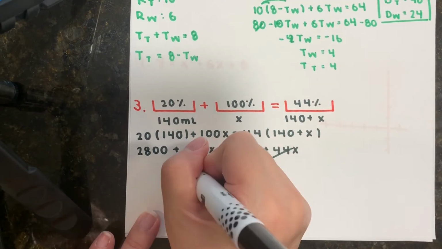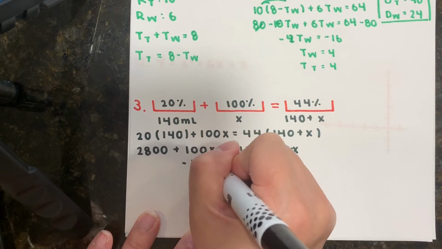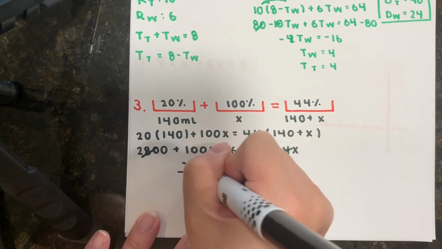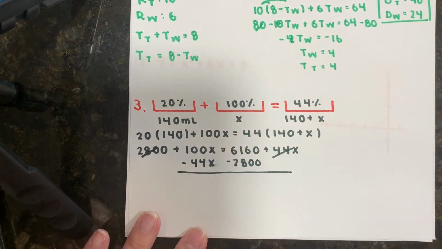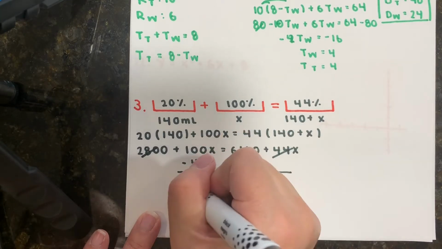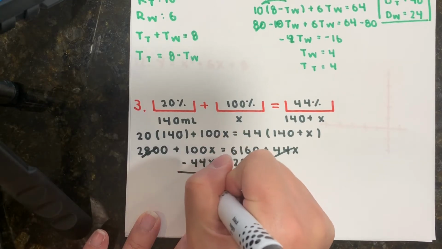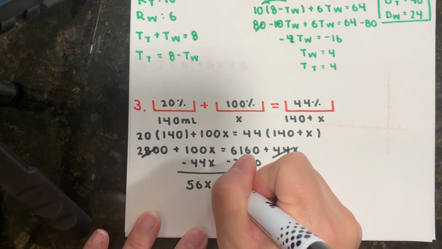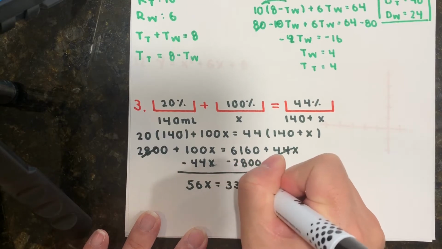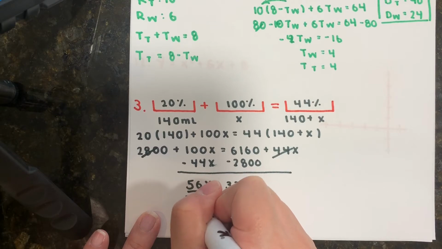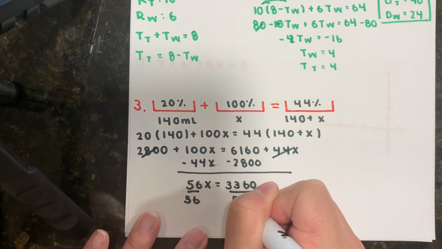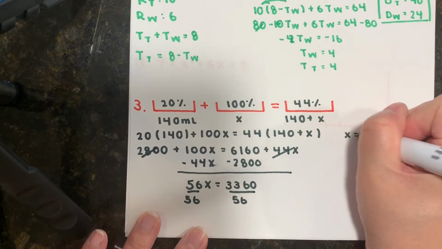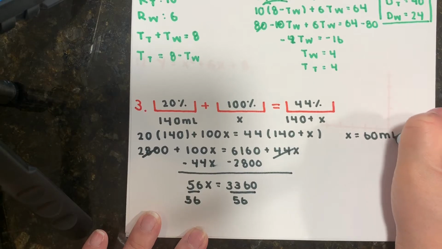I'm going to move the x's to the left, move the 2,800 to the right, so 100 minus 44 would be 56. And 6,160 minus 2,800 is equal to 3,360. And then you're going to divide both sides by 56. And that would give you X is equal to 60 milliliters.